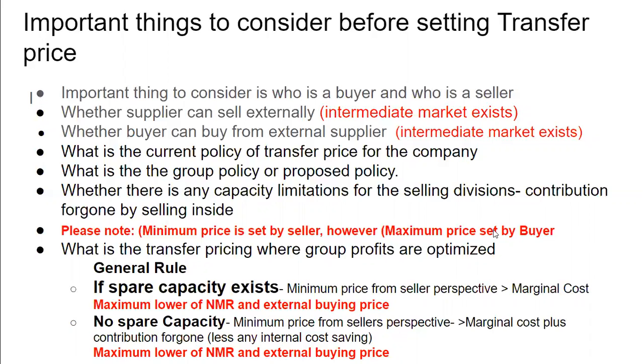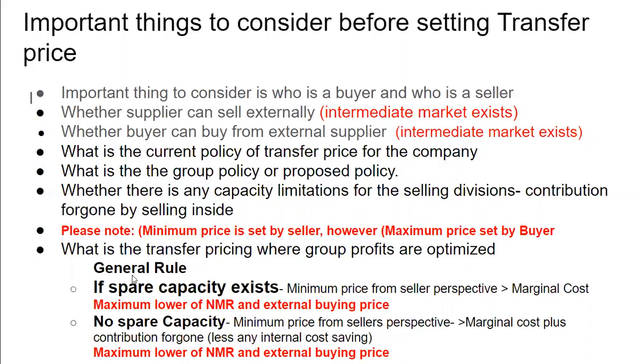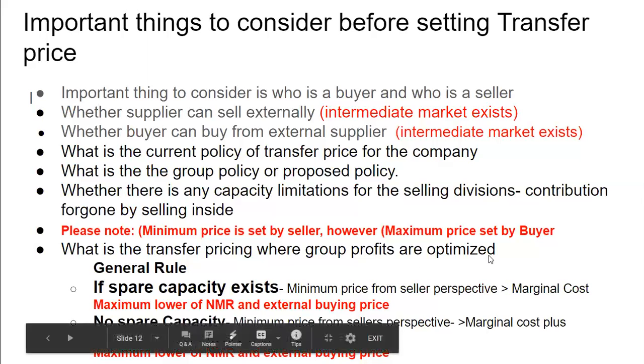That is where the group profits would be optimized. And for example, if a question tells you to calculate the group profit or individual profit where the transfer price is optimized, then remember, it's talking about the theoretical general rule being applied, where the group profits are optimized.